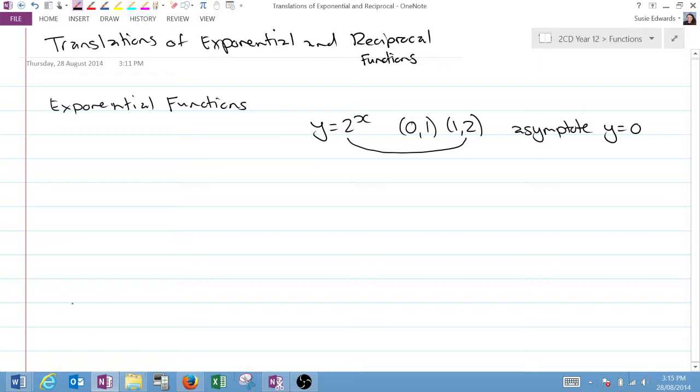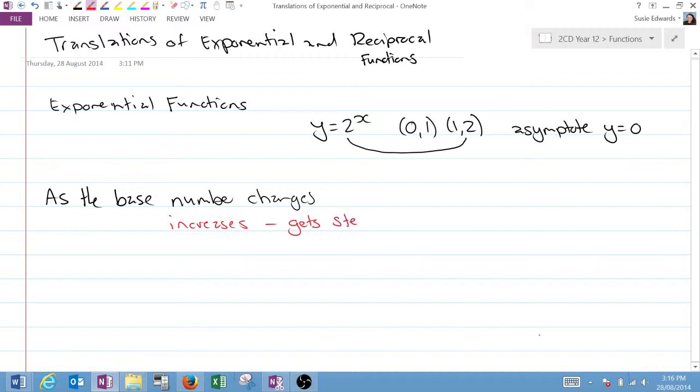We might just say as the base number changes, as it increases, it gets steeper, but the asymptote stays the same.